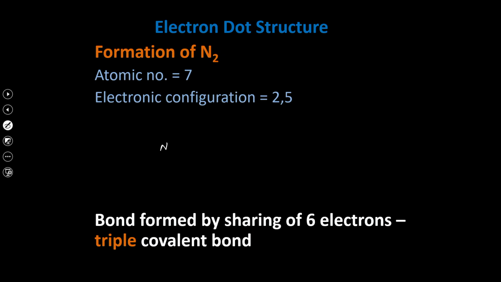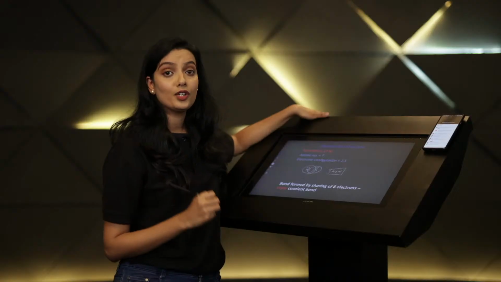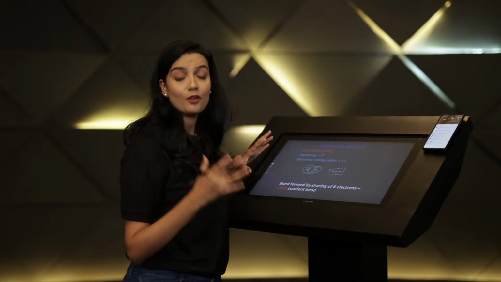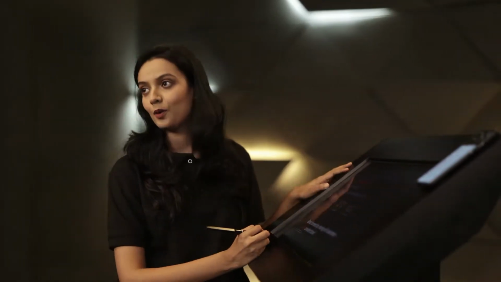That means in the outermost shell of nitrogen there are 5 electrons. It combines with another nitrogen atom and shares its electrons, and as a result a nitrogen triple bond is formed, and hence the N2 molecule exists. Here the bond is formed by sharing of 6 electrons, hence a triple covalent bond is formed.